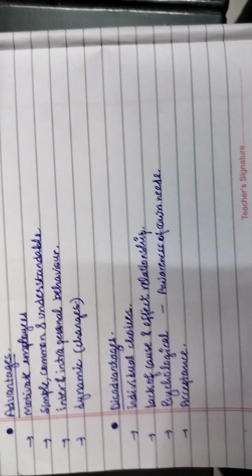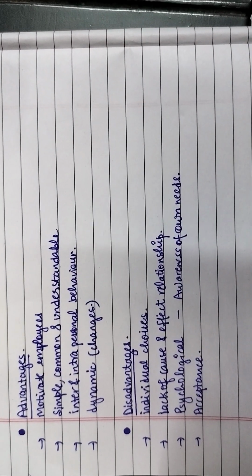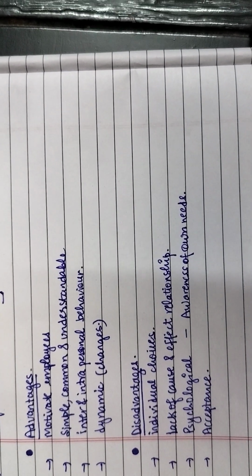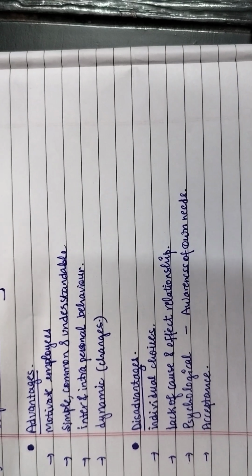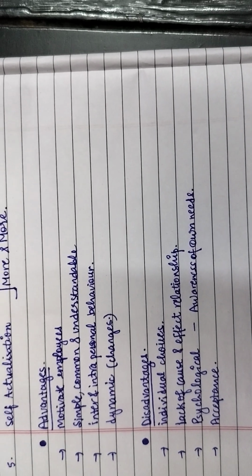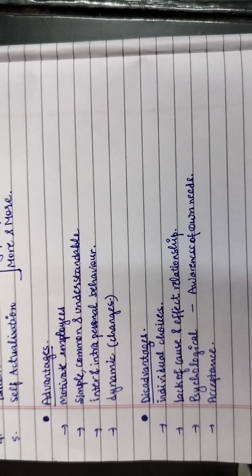Now covering a few disadvantages. Disadvantages could be individual choices. Each individual could have different choices, different needs. Second, it could be the lack of cause and effect relationship. There could be different needs, and people have a different behavior to a particular need.